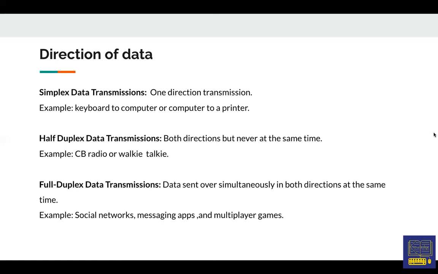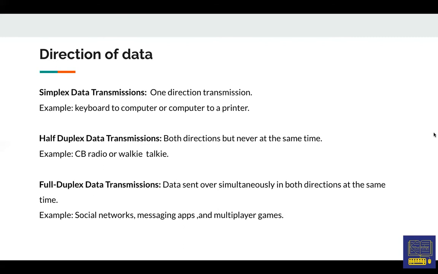Full duplex data transmission is also called simply duplex data transmission. What that means is that data can be sent from both the devices. Essentially, we're simply considering two device networks in this case. So two directions. Both of the devices can send the data at the same time. Imagine you're using some kind of messaging app.